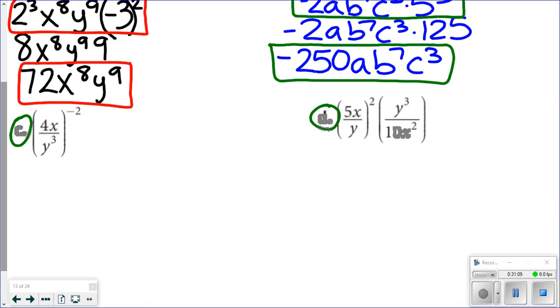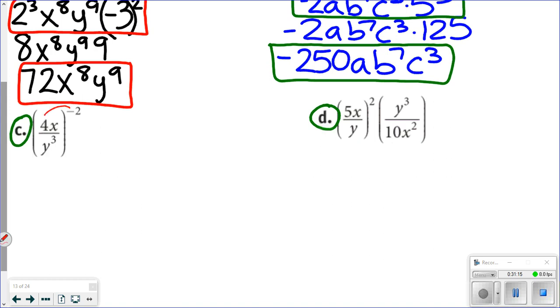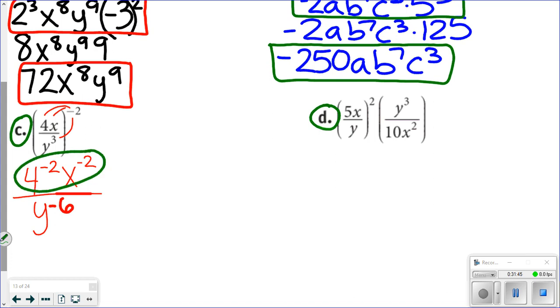If you didn't do C already, go ahead and do it before I show you what the answer is, please. Distribute the -2 through. Oops. 3 times -2 is -6. And then I'm noticing that these are all negatives. So these need to move to the denominator and be made positive.